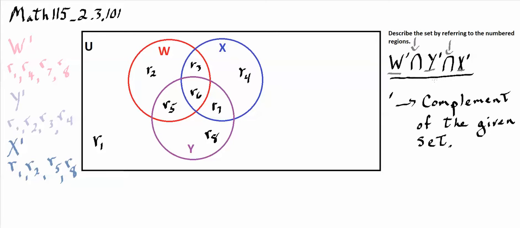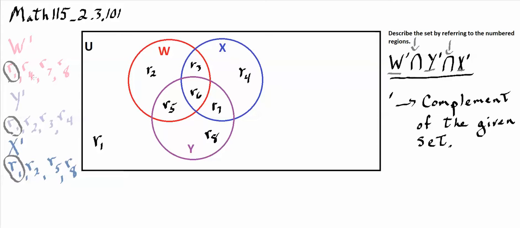In other words, what do all three of these sets have in common? Well, if we look at this, we notice that R sub 1 is common to all three sets. We look at the first set, W prime, it has R sub 1.